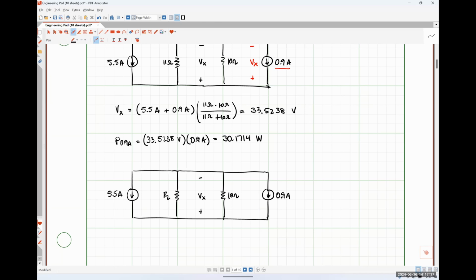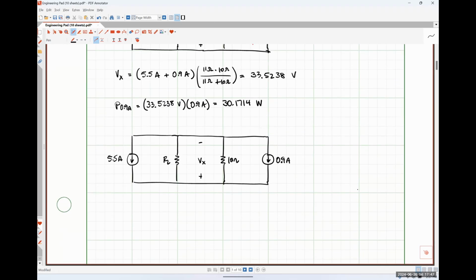And we want to make this look like either a practical voltage source in series with the resistance RL or a practical current source in parallel with the resistance RL. I think very easily we can get this to look like a practical current source in parallel with RL simply by adding those two ideal current sources together. So our circuit would look something like this.